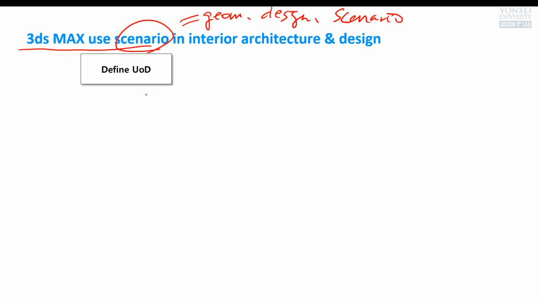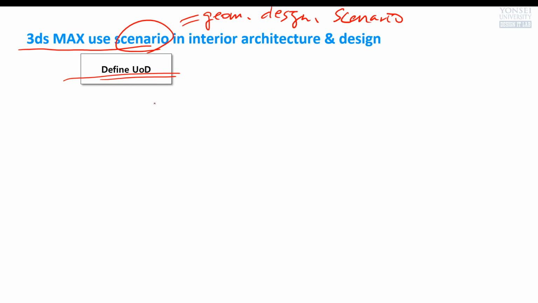You used to use this scenario in your design studio or other project work. At first, define the universe of discourse. Define your world. For example, you are in charge of making a housing unit, a co-housing building, an apartment, or some commercial or office building.